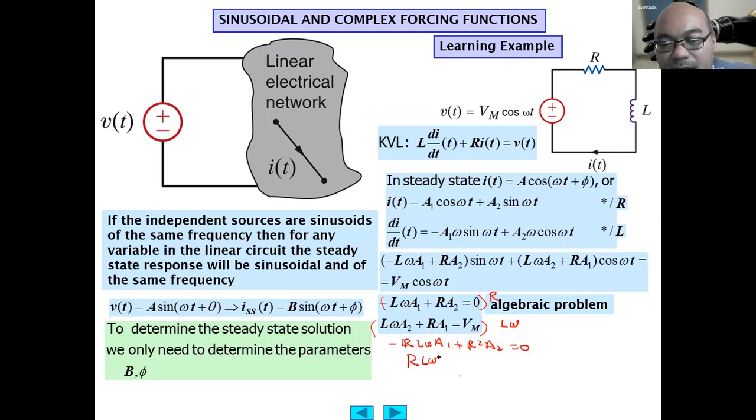R L omega A1 plus L omega square A2 plus L omega Vm. Here equal, not plus, sorry. This equal. So then if we plus, this will cancel, right?